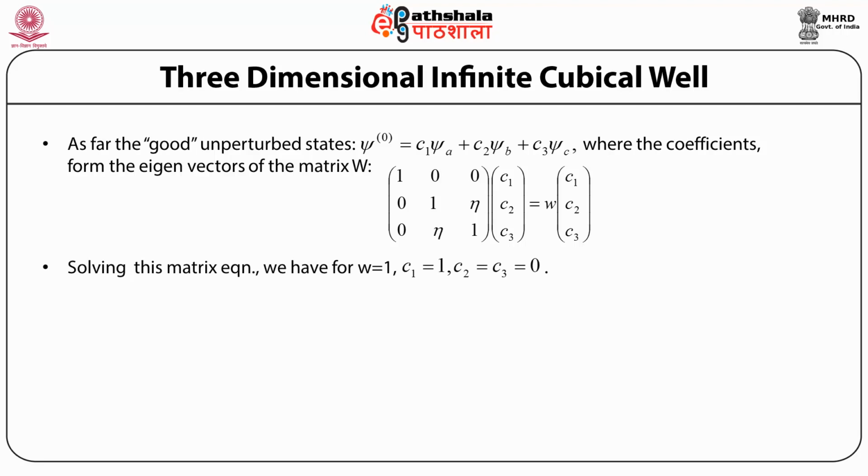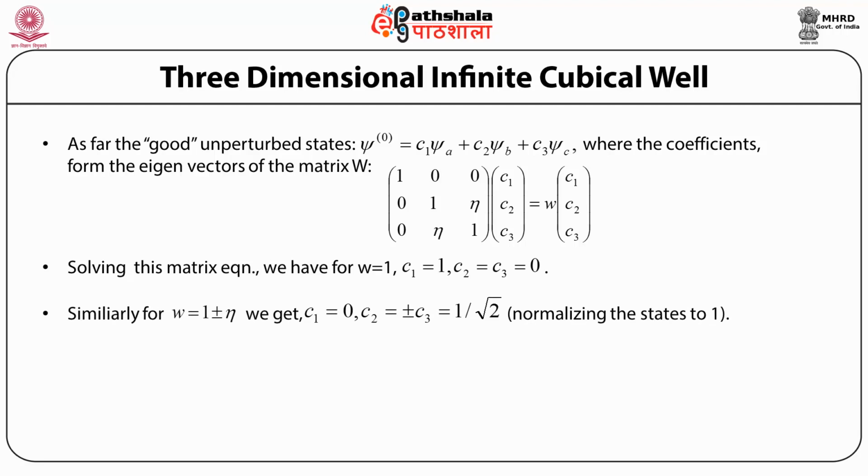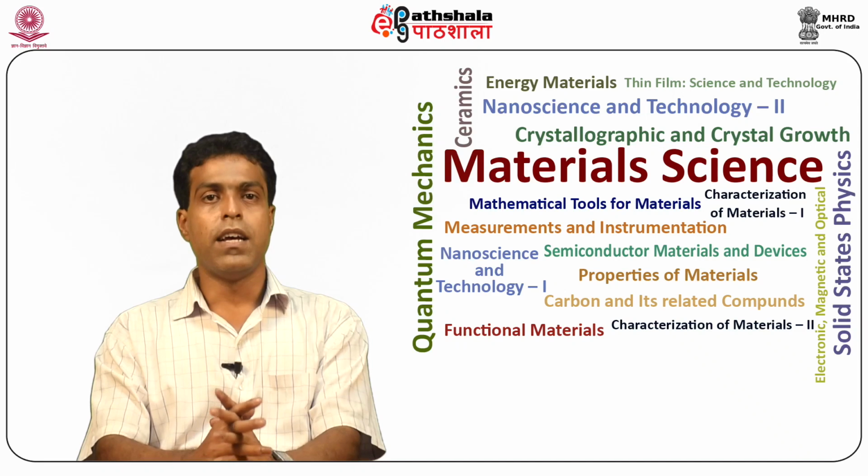Solving this matrix equation, for W equal to 1, we have C1 equal to 1, C2 and C3 equal to 0. Similarly, for W equal to 1 plus or minus η, we get C1 equal to 0, C2 equal to plus or minus C3, which is again equal to 1 by root 2. Thus ψ⁰ is one of ψA, ψB plus ψC by square root of 2, and ψB minus ψC by square root of 2.